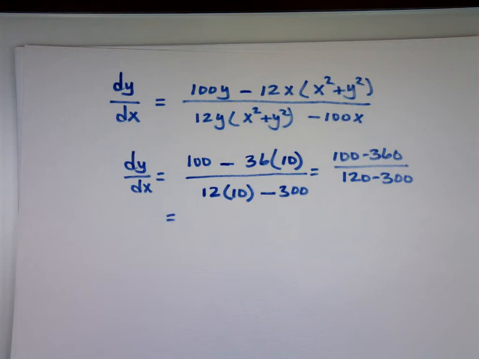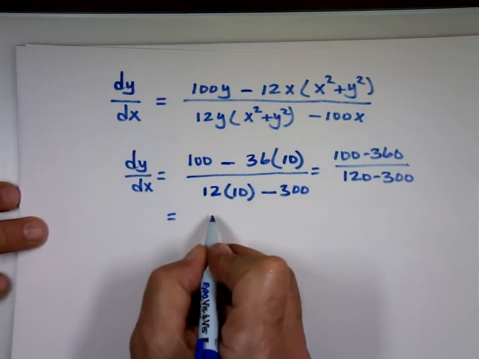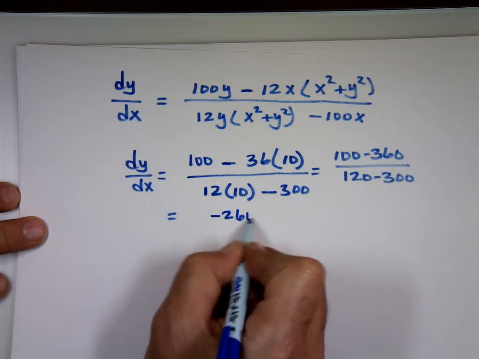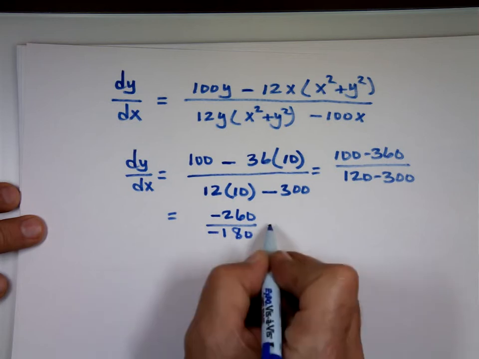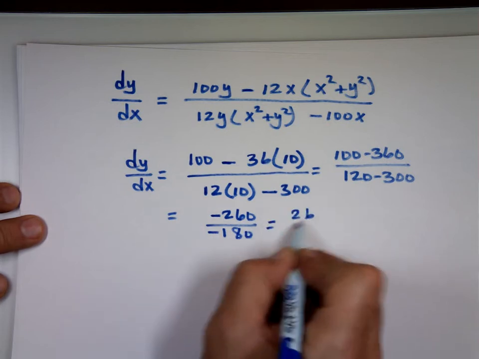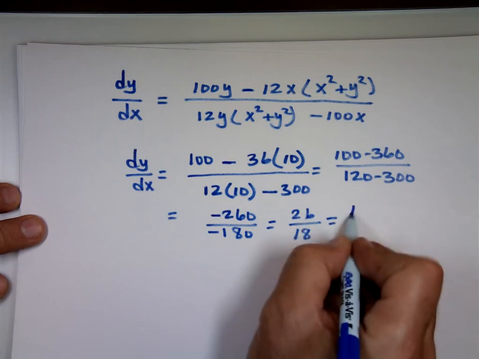Oh, I forgot to get a calculator here. Is that negative 260? Over negative, is that 180? The minus will cancel. 26 over 18, which you can divide by 2, and that's what? 13 over 9.